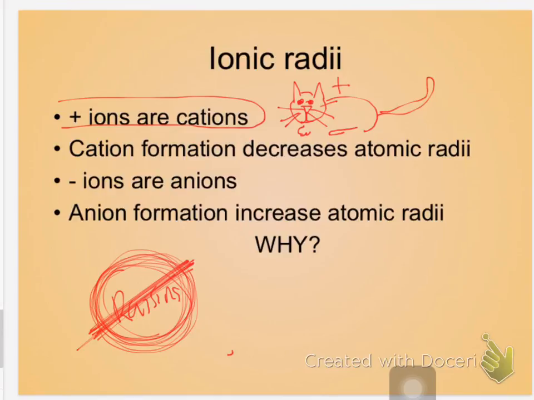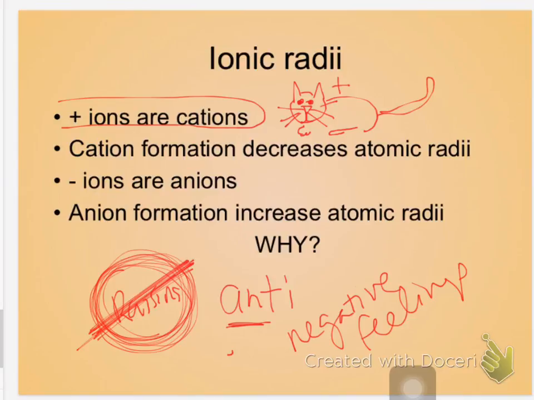Little mummified grapes. Sorry if I'm offending any of you pro-raisin people. If you are anti-something, you're against it, you have negative feelings about it. A negative ion is an anion, just like being anti-something.